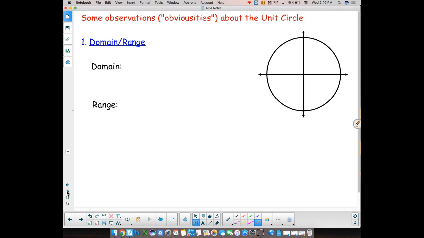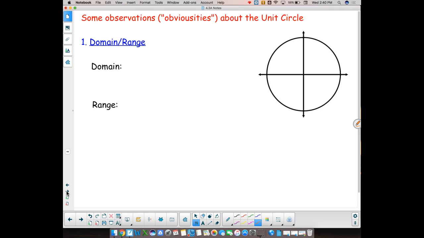Well, obviosities are what I like to call obvious observations. Okay? Or some people might say it's the plural of obvious. Obviosities. Okay? Things that you should know that you probably don't know, but you probably do know and just haven't really thought of yet. Okay?